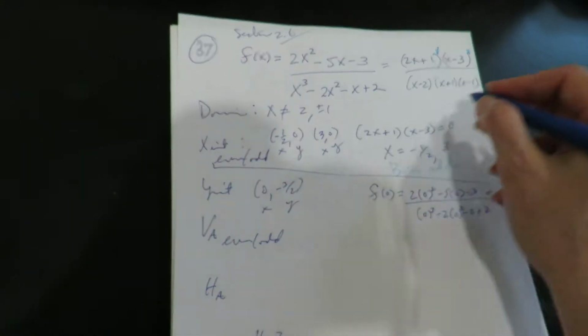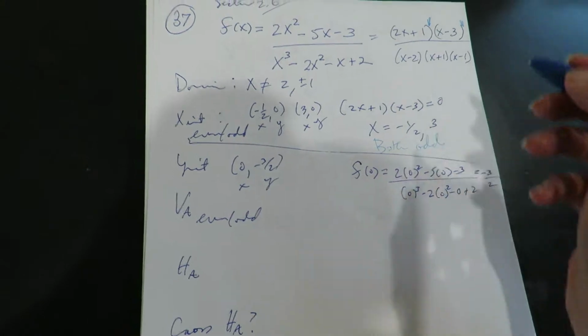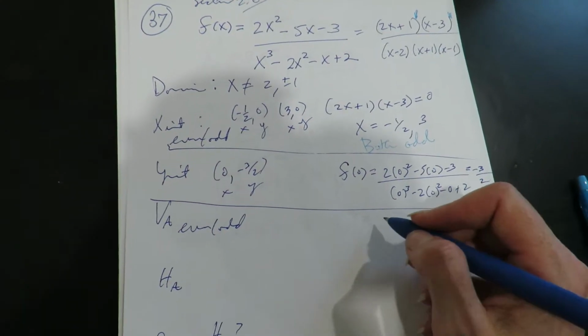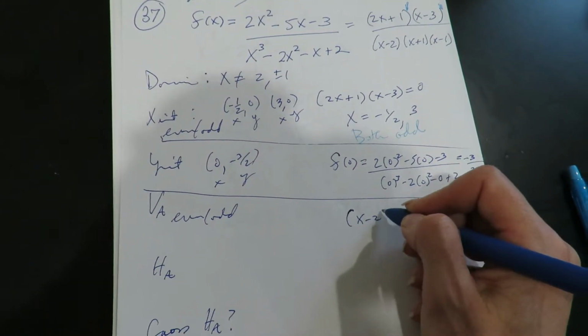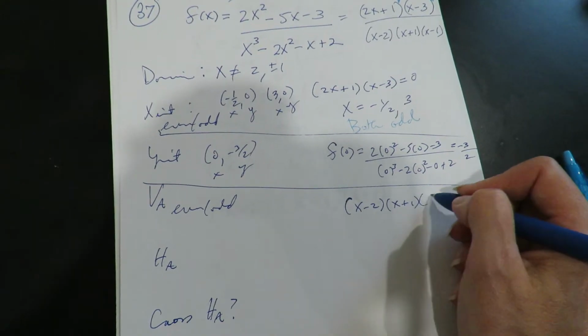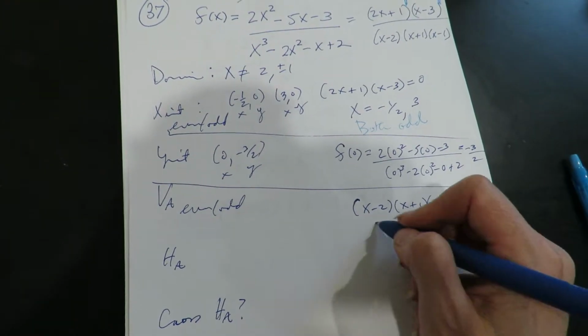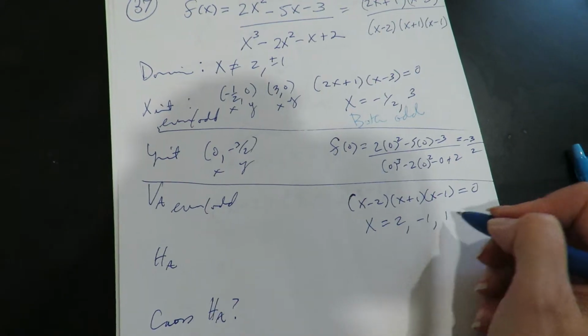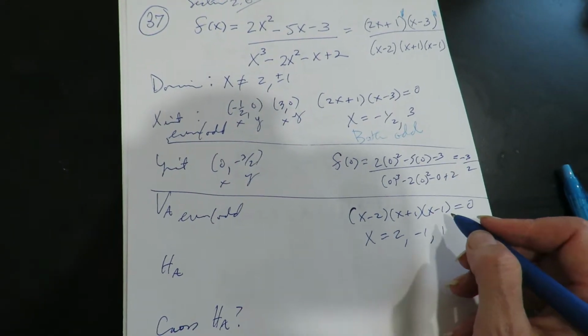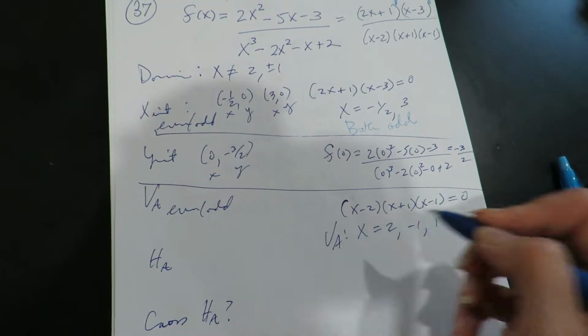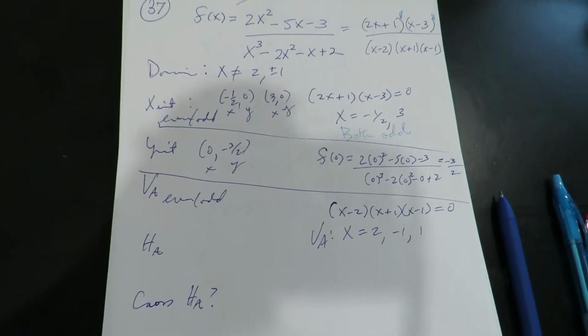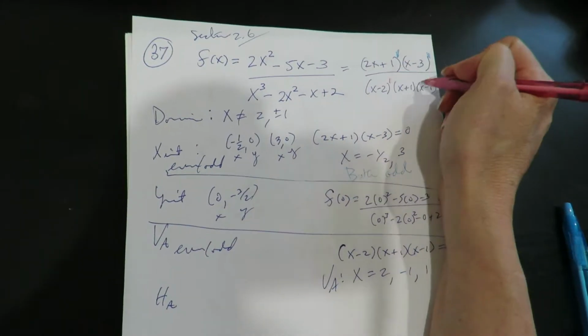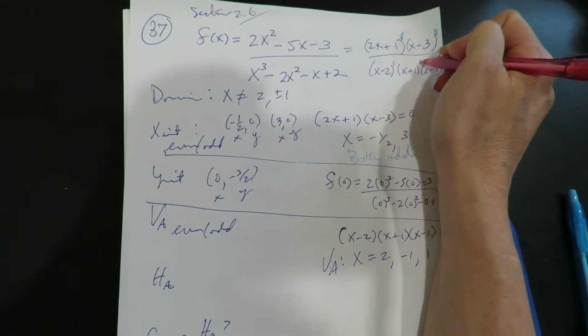Okay, the VA, that's where the denominator is equal to 0, assuming the numerator isn't. So we're going to get 2, -1, and 1. These are going to be your VAs, and as you can see, they're all first degree.